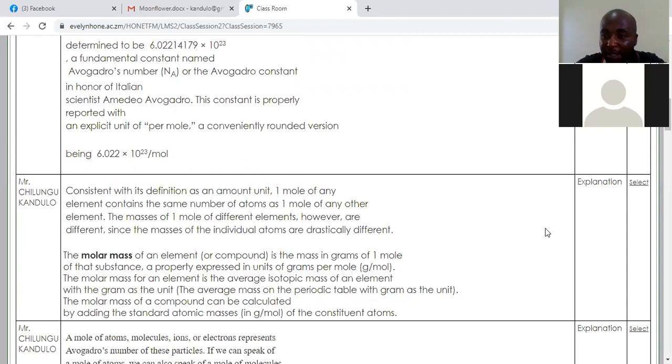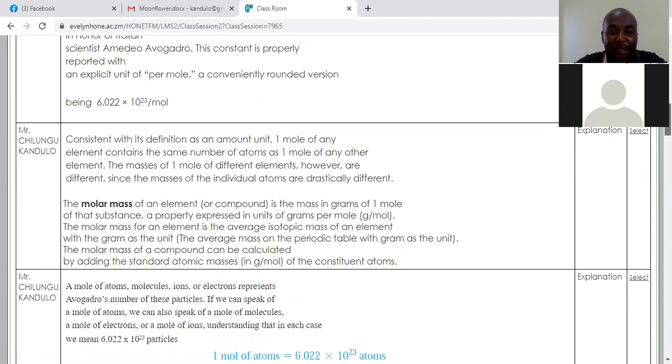So for consistency, let's explain 1 mole of different elements. 1 mole of an element contains the same number of atoms as 1 mole of any other element.